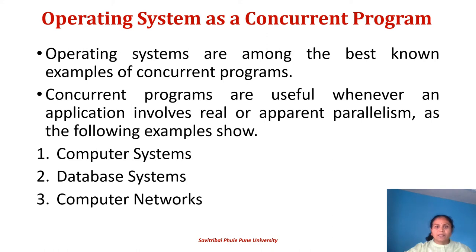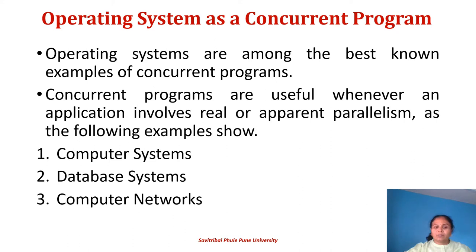And like any large system, an operating system must be organized so that it can be understood and modified. Structuring a system as a collection of processes and shared objects has proved to be an effective way to achieve this. So concurrent programs are useful whenever an application involves real or apparent parallelism, as the following examples show.